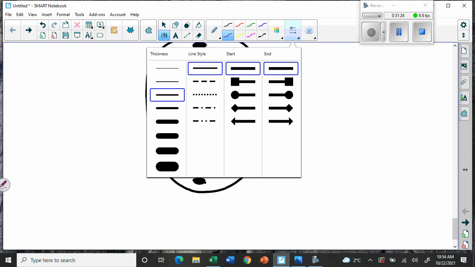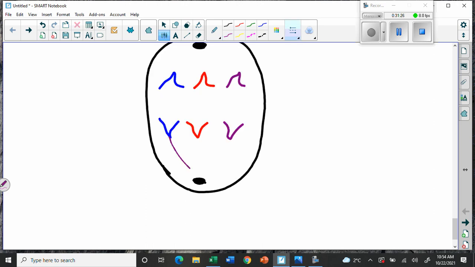Here are the, whoops, that's supposed to be black. These are the spindle fibers that are pulling and stretching, so they've come apart. You can see how they've broken apart, which means the copies are now being pulled to two different parts of the cell.